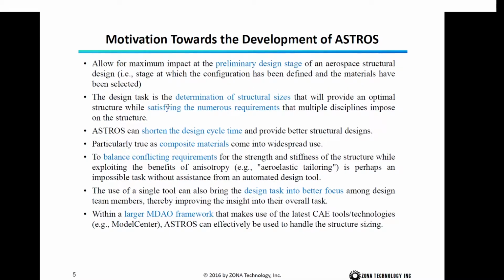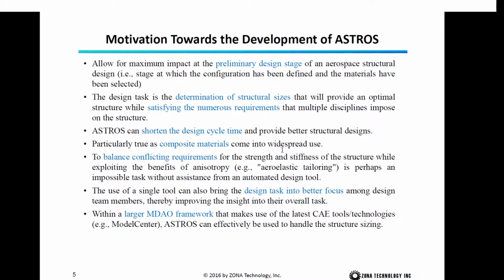The design task is the determination of structure size, for example, the thickness of the skin that will provide an optimal structure while satisfying numerous requirements that multiple disciplines impose on the structure. ASTROS can shorten the design cycle time and provide better structure design, and this is particularly true as the composite material came into widespread use.